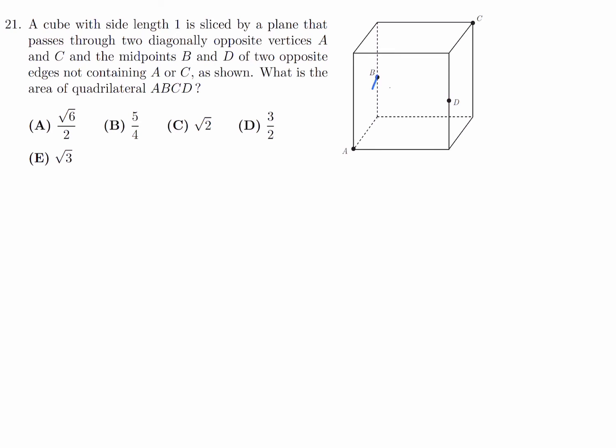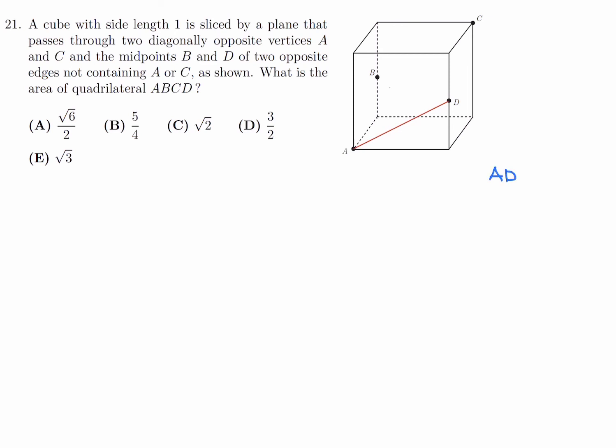Well, ABCD, that is our quadrilateral, and we have to somehow figure out the area. First thing is that we will need to figure out the lengths of each side, and let's do that. So here we go. The first is, of course, A to D, and that's pretty straightforward. We can use Pythagoras.